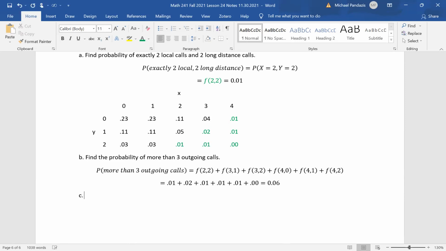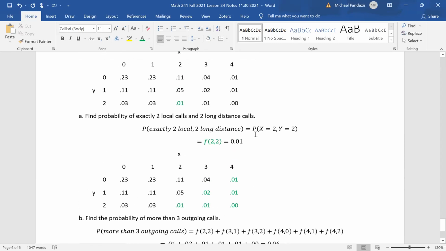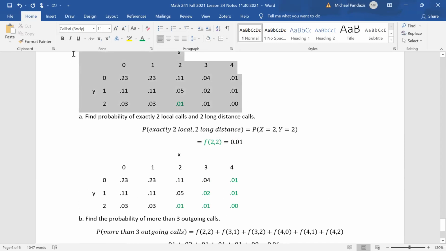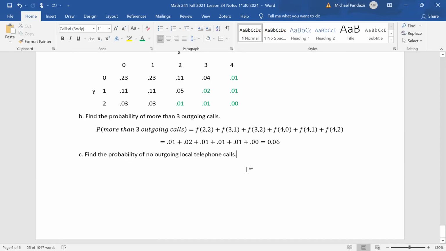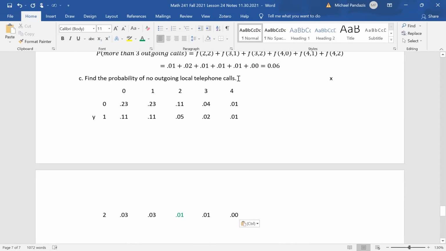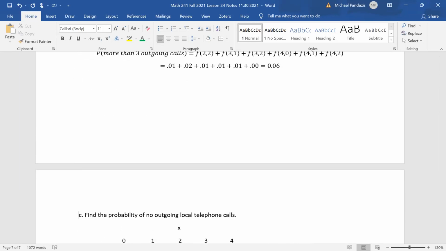And then part C is find the probability of no outgoing local telephone calls. Okay, so again, I'm going to copy the table. I'm going to use this one because there's nothing shaded. Bring this down here.